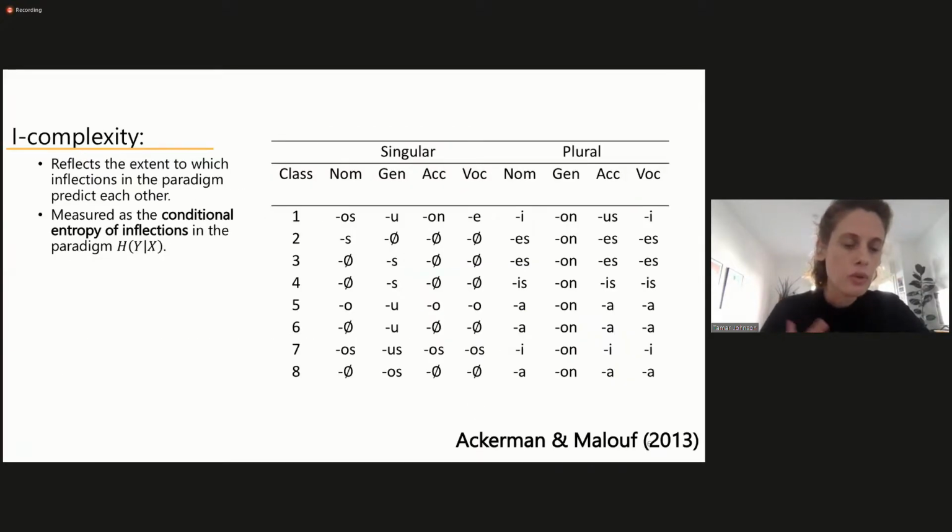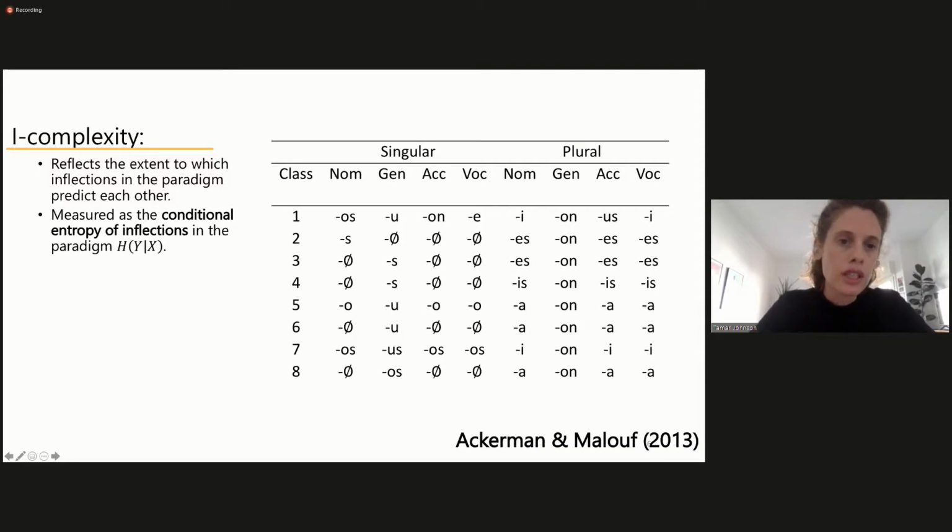So what's the notion behind I-complexity? It reflects the extent to which inflections in the paradigm predict each other. For example, we have here the Greek nominal inflection. If we want to mark a noun in plural nominative, then we have at least 4 different ways to do that. So we have lots of options here.